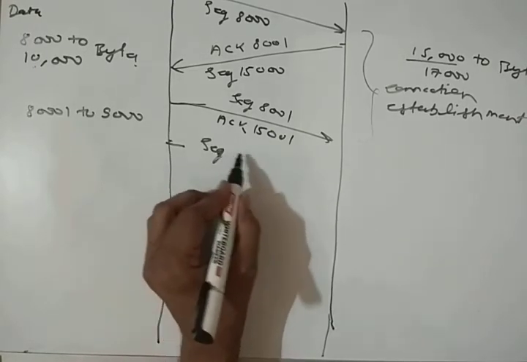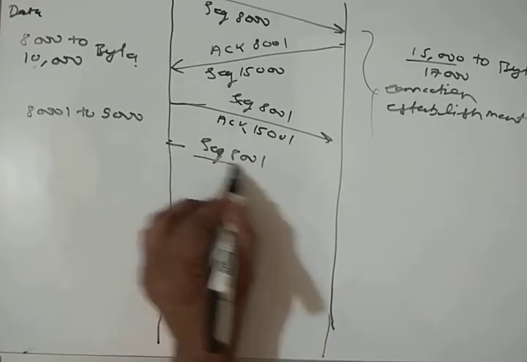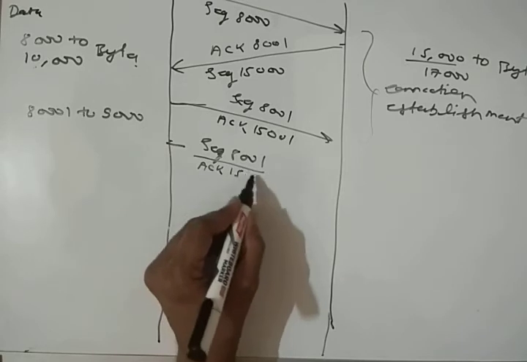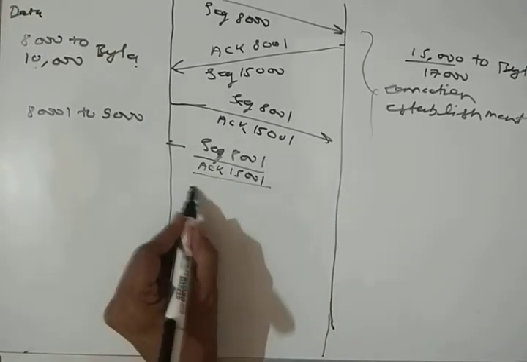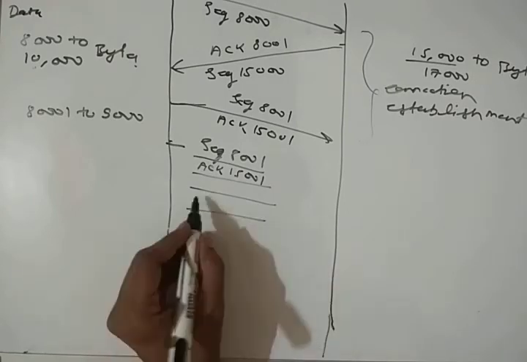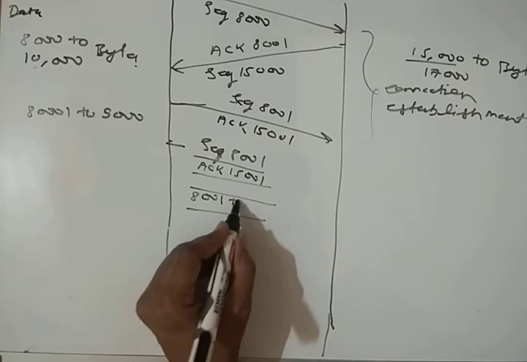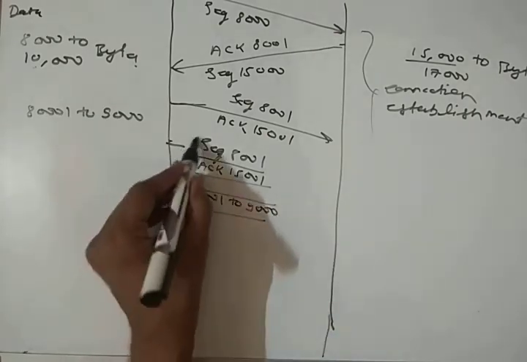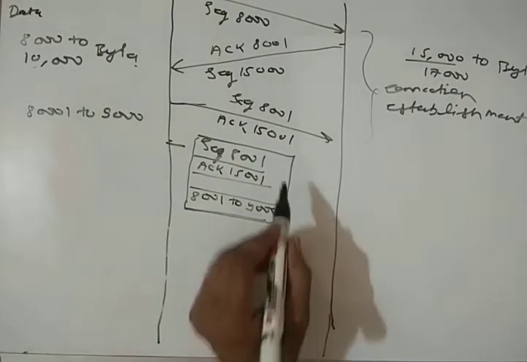Sequence number 8001, ACK of 15,001, and data size 8001 to 9000. That is the TCP header.